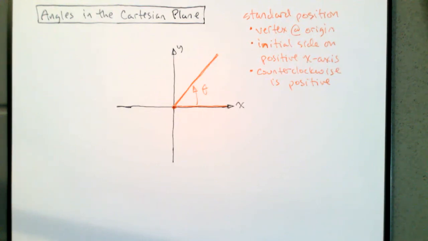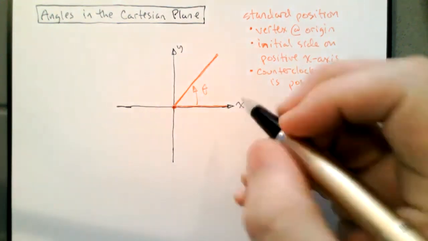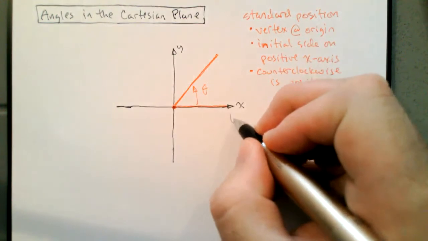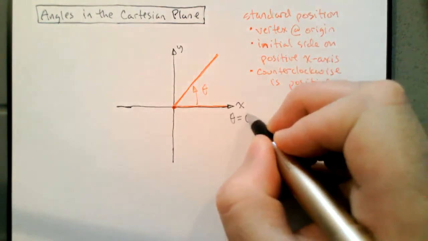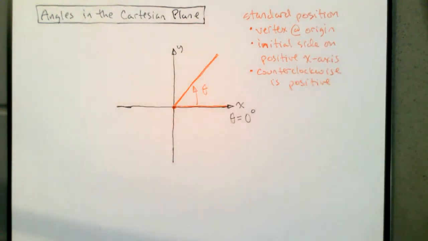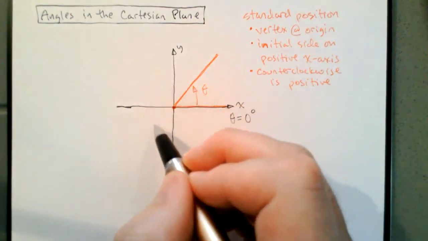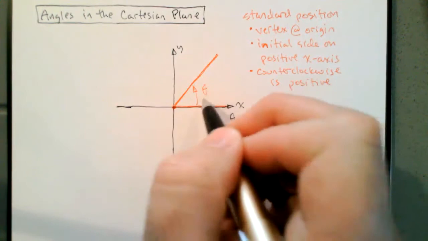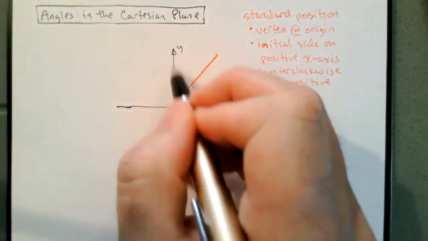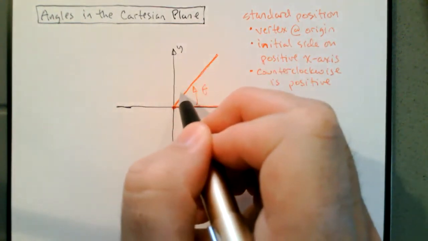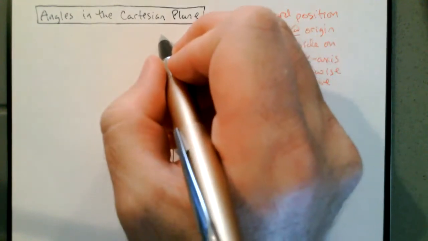What this means is that the positive x-axis is where we find theta equals 0. So here is where theta is equal to 0 degrees, and we're counting counterclockwise as positive. Up here on the positive y-axis is where theta is equal to 90 degrees.